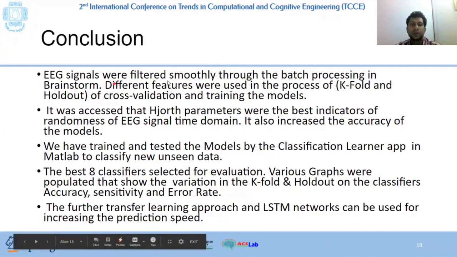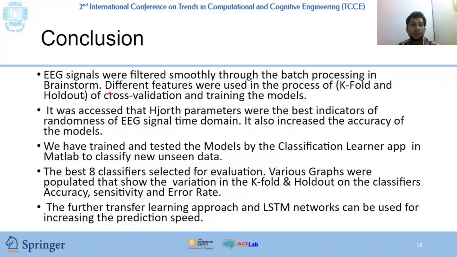Conclusion: EEG signals were filtered, and the batch processing was done with Brainstorm software. Different features were extracted, and the variation of k-folds and holdout has been observed for cross validation and training the models. It was also assessed that the Hjorth parameters were the best indicator for the randomness in the EEG signals in the two states, ictal and preictal, and it has been observed that these Hjorth parameters increased the accuracy of the model.